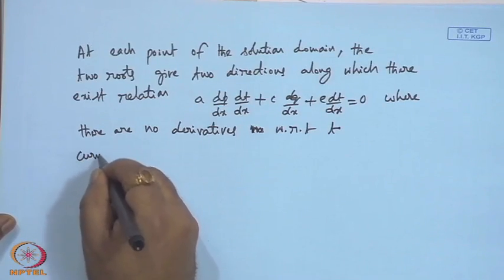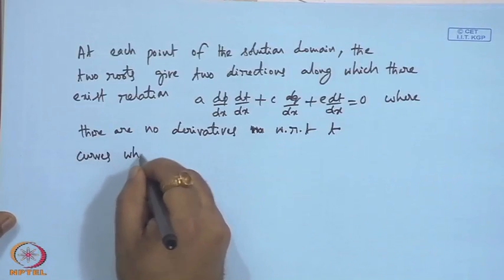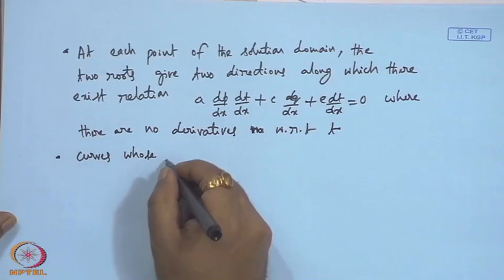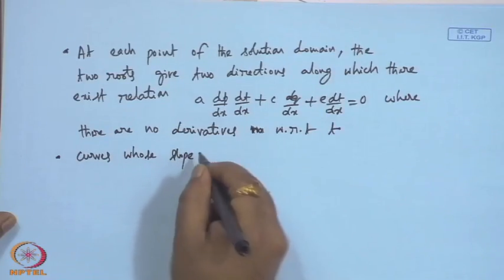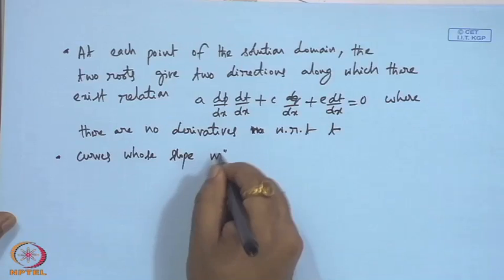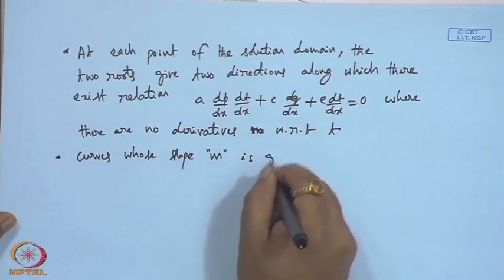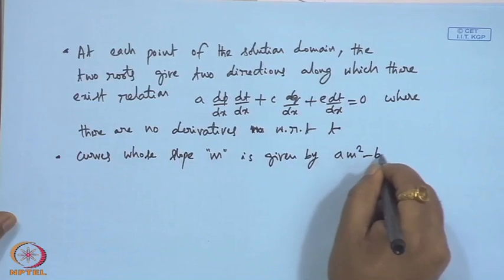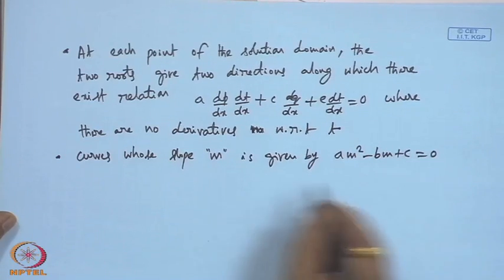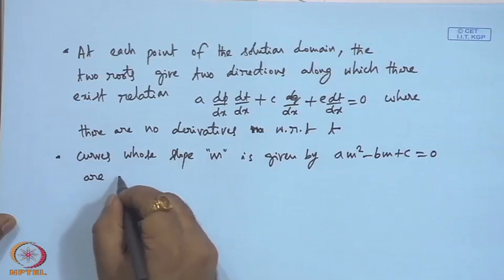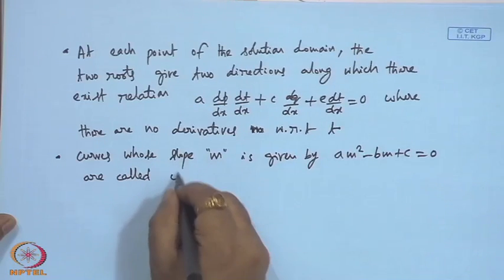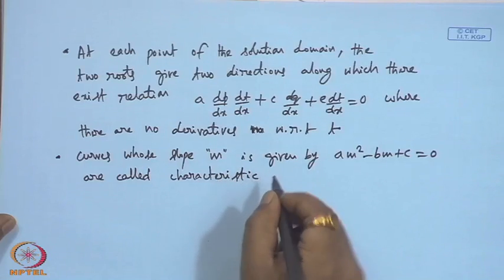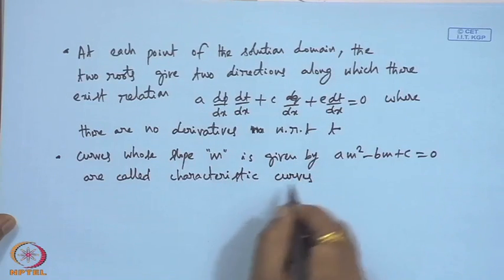So, the curves, we can give some bullets. Curves whose slope m is given by a m squared minus b m plus c equals 0 are called characteristic curves.